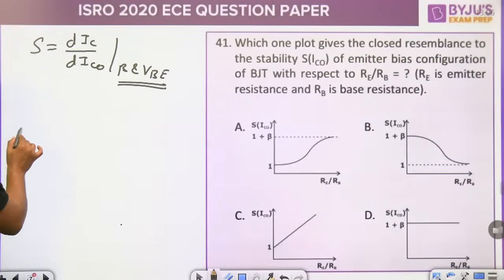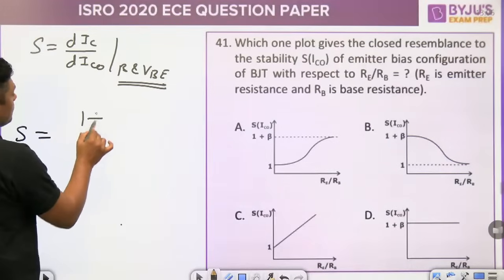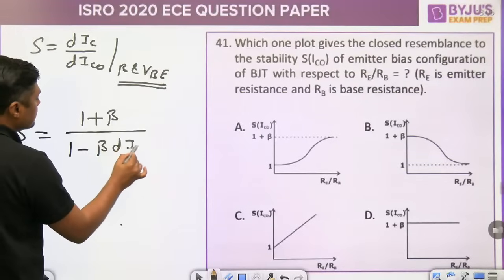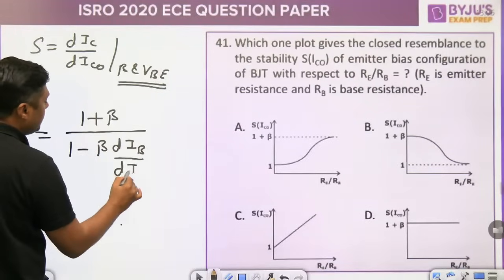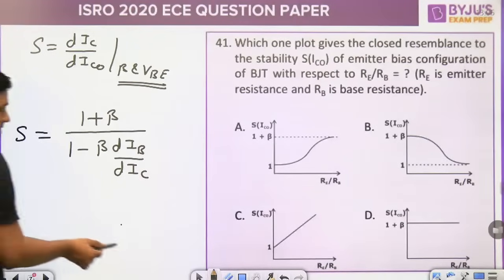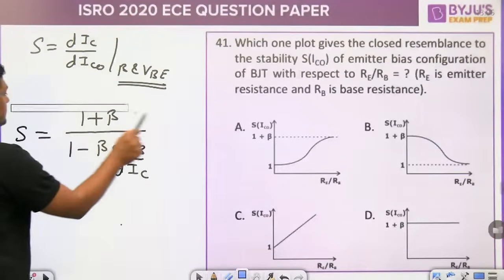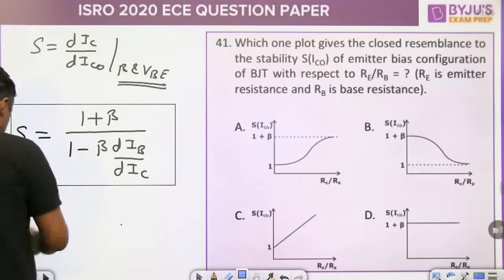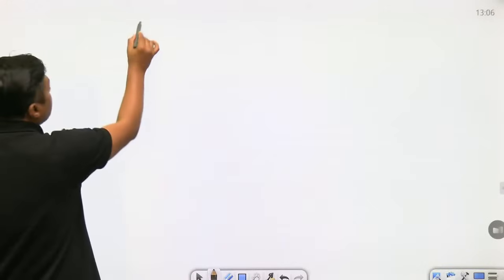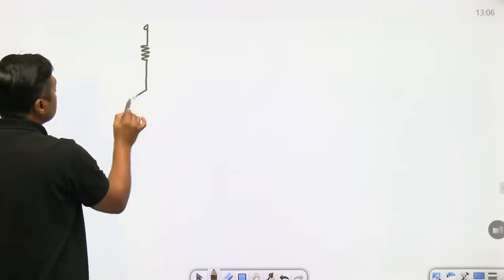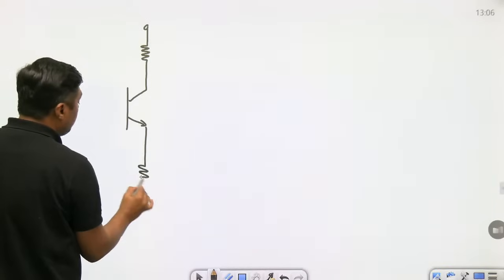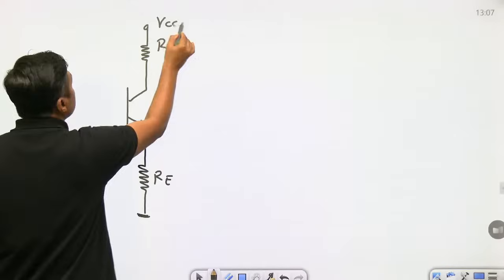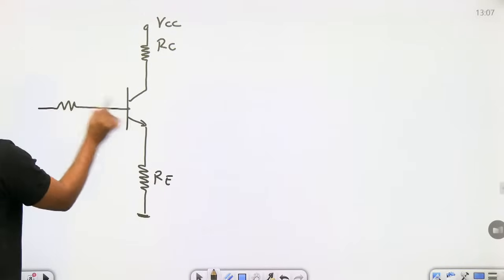Now, S we have found as 1 plus beta upon 1 minus beta DIB by DIC. That is the standard formula for the stability factor, guys. Now for this DIB by DIC, I will give you the diagram for the self-biased circuit. Quickly we will solve this question. This is called RB.